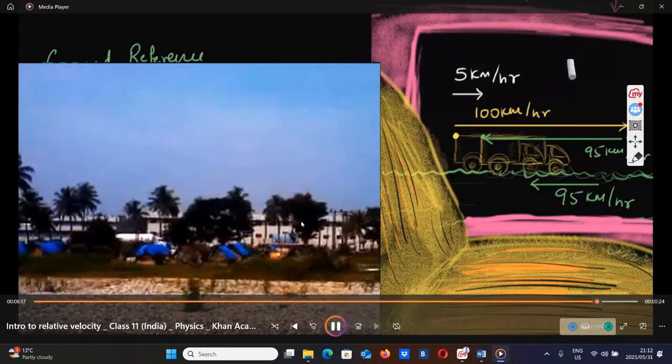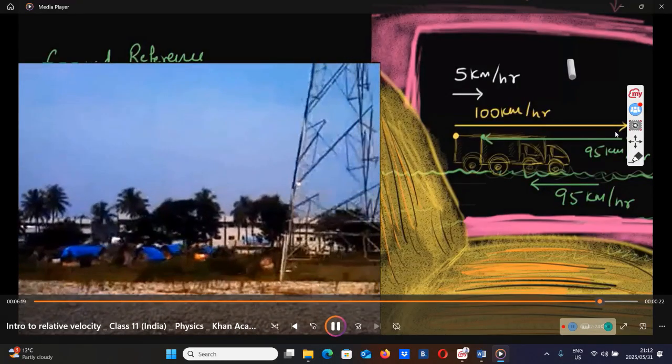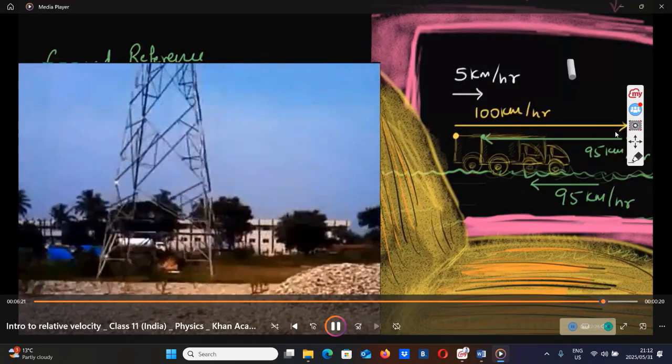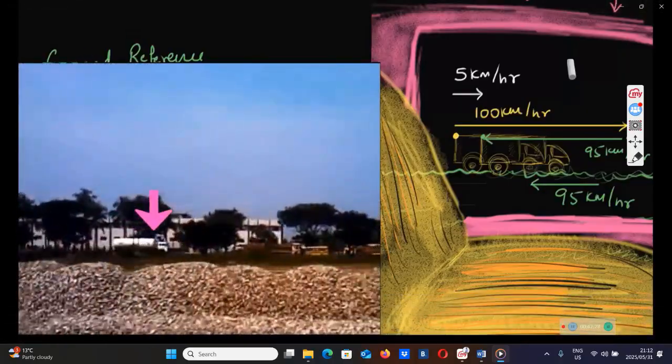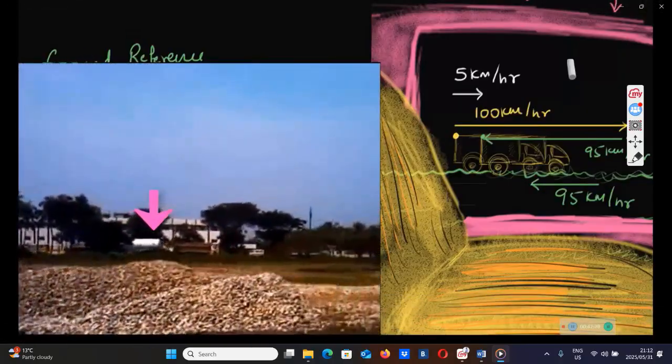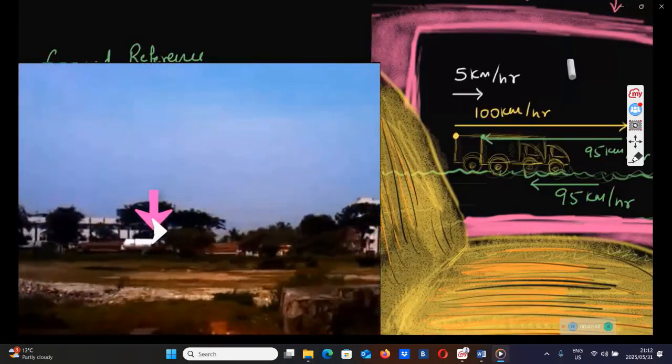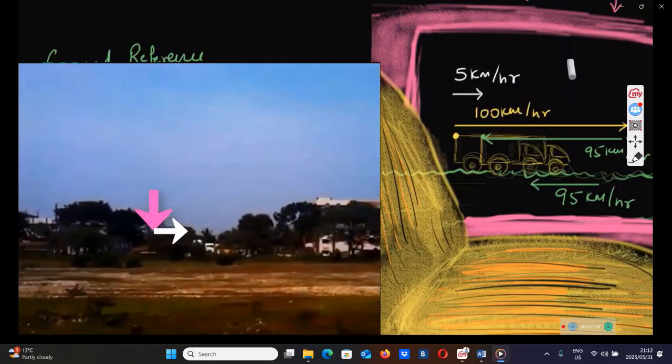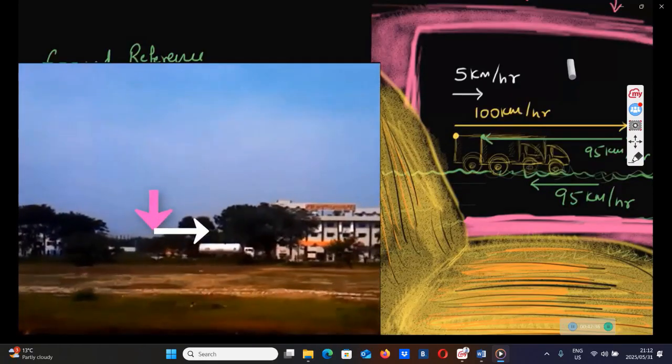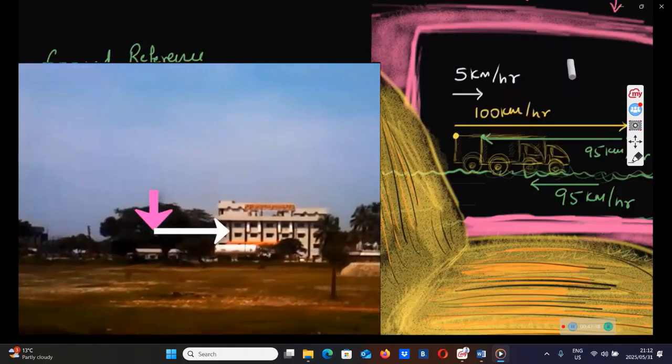Here we go. That truck is moving with the speed of 100 kilometers per hour. But because this cameraman is also moving, that's why you don't see that truck as if it's moving fast. It appears that that truck is moving with the speed of 5 kilometers per hour going forward.